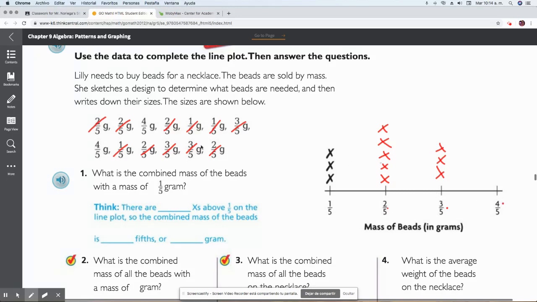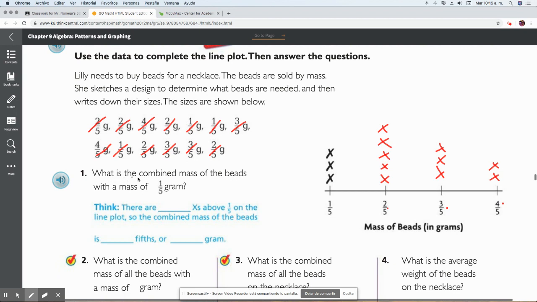Last fraction, 4/5. 1, 2. Okay, 2 on top of 4/5. All right, let me just go back and make sure I didn't miss any of the fractions. All of the fractions are crossed out, so that means we finished.